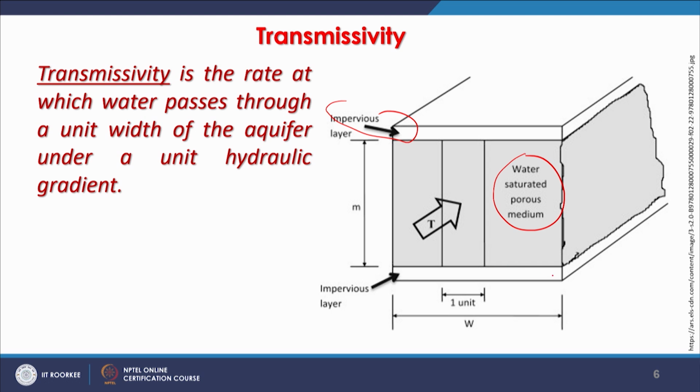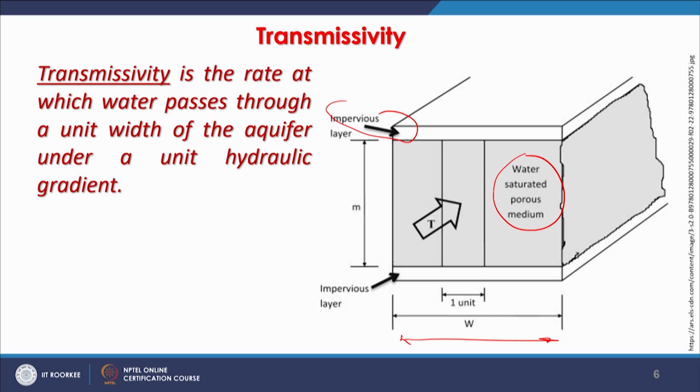Below this is also impervious. So this scenario is about confined aquifer conditions, and the width is also given here. Transmissivity we can define as the rate at which water passes through a unit width of the aquifer under a unit hydraulic gradient.